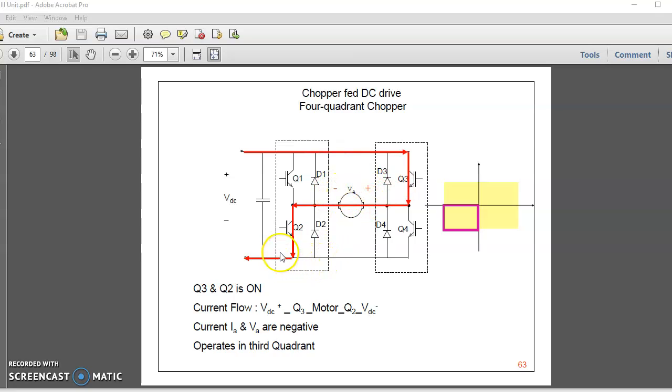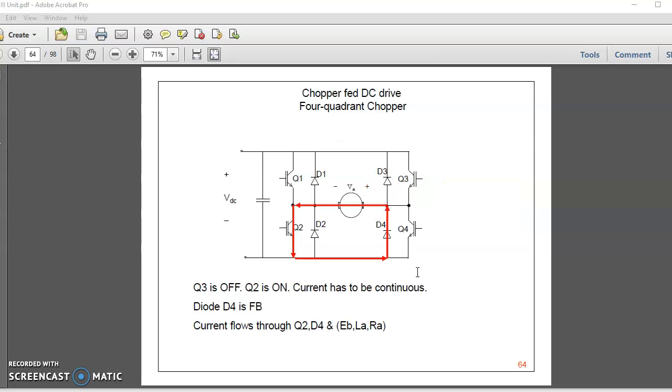The current flows from the positive terminal of the battery, then Q3, the motor, then Q4, then the negative terminal of the battery. Both voltage and current are negative, so the power is positive. This mode is called reverse motoring mode, and it operates in the third quadrant.